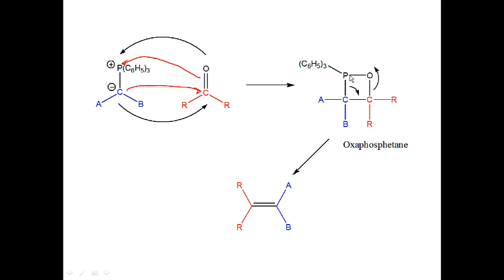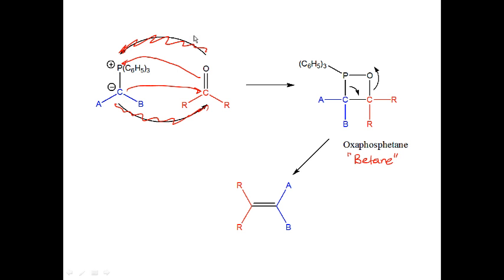So we form this four-membered ring, which is called an oxaphosphetane, or in the older literature a betaine. I like the betaine term because it's simple. But this is an intermediate compound that then is going to break apart to form our final product. I don't even know why these arrows are there. They're annoying and not necessarily that descriptive.